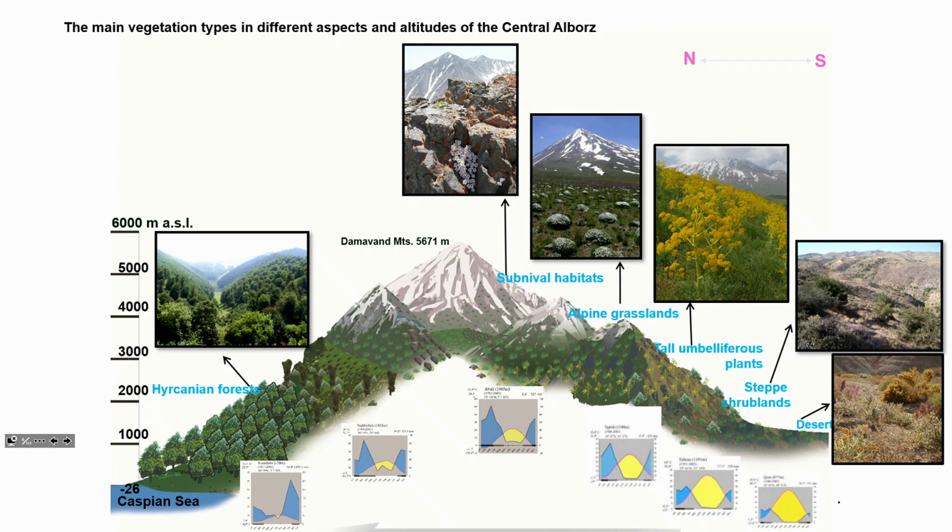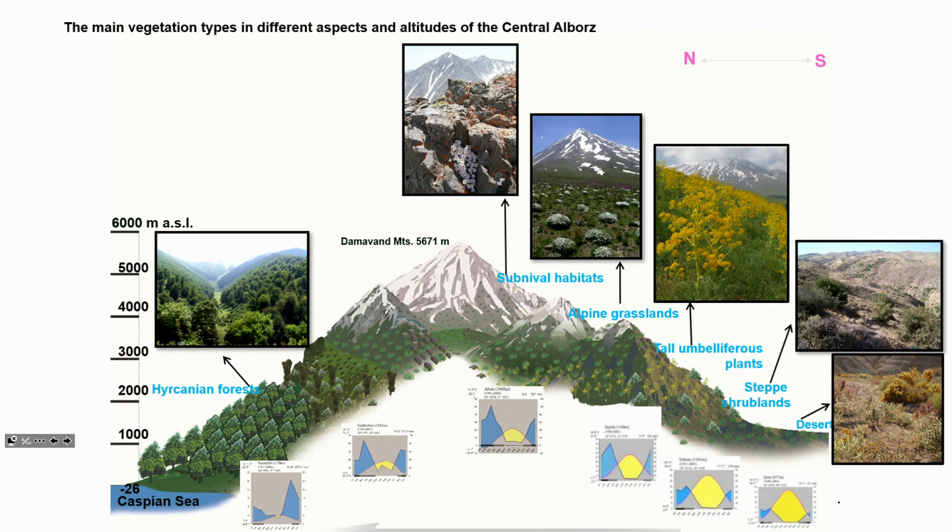One of the best examples to show different vegetation types in elevational zones is the Alborz Mountains in North Iran. We are looking from west to east, and here is the Caspian Sea, the central part of the southern slopes of Alborz, and the highest summit of Alborz, Damavand, 5,671 meters. Different climates on different slopes and aspects resulted in different vegetation types.